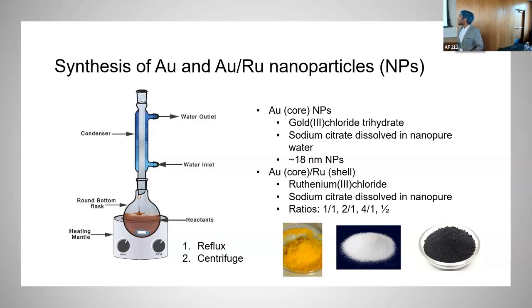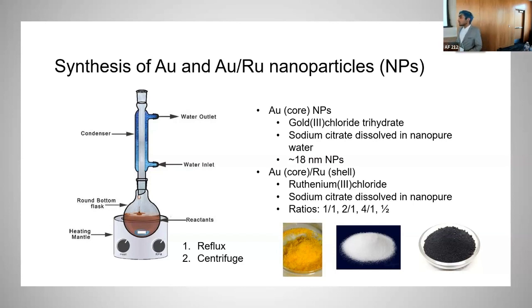And I focus on using a reflux process, which is a typical process used in pretty much any chemistry lab, where you bring water into a water condenser and then outlet the water, as well as heat and stir vigorously in order to essentially allow the solution in the flask to vaporize and then recondense back inside.